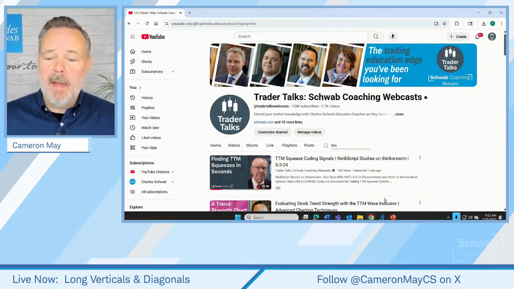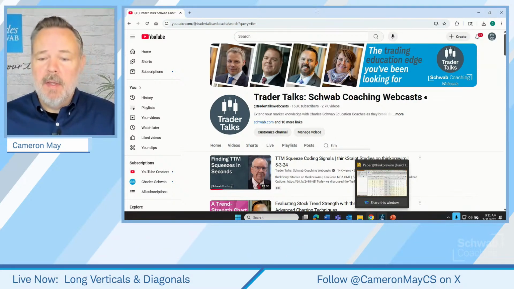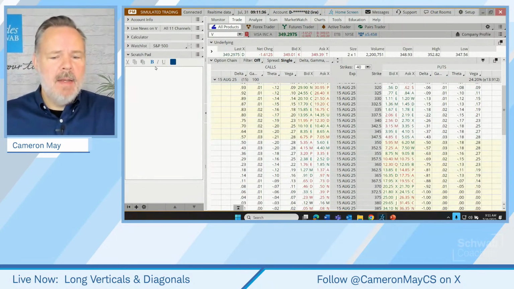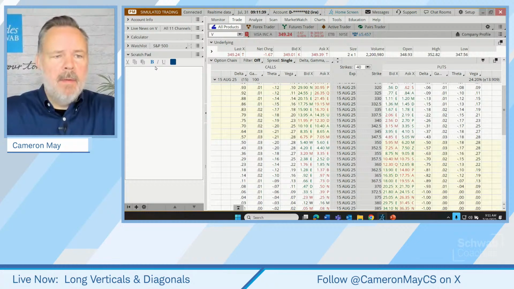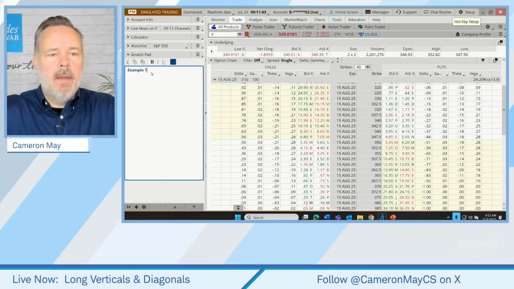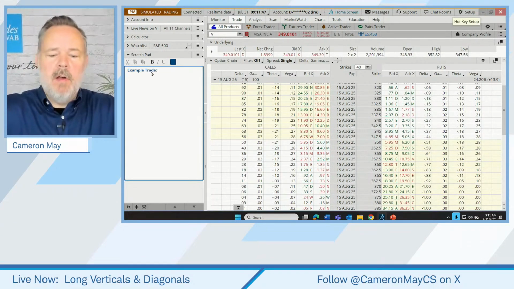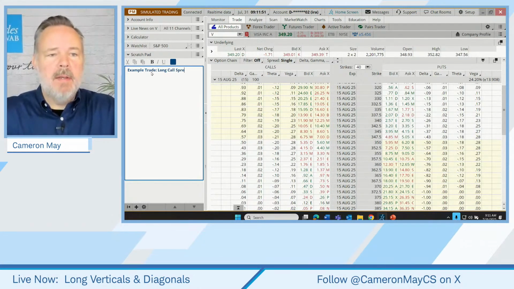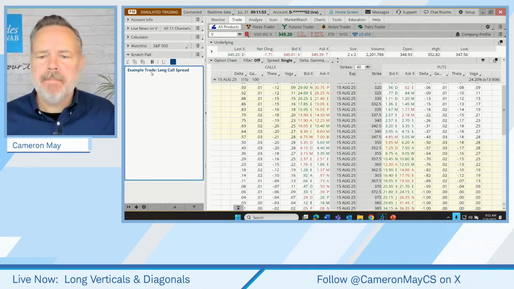But let's go back to our strategy here, and let's outline our example trade. This is known as a long call vertical, a long call vertical spread. I'll just call it a long call spread to save myself a little bit of typing.